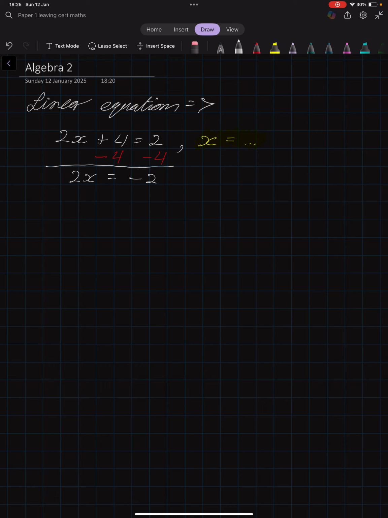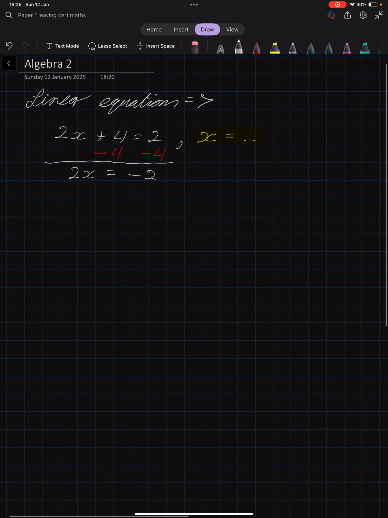Now I have 2 x's, I only want 1 x. So in this case, you want to divide by 2 on both sides. The reason I want to do this is because 2x divided by 2 is simply x, and minus 2 divided by 2 is simply minus 1.